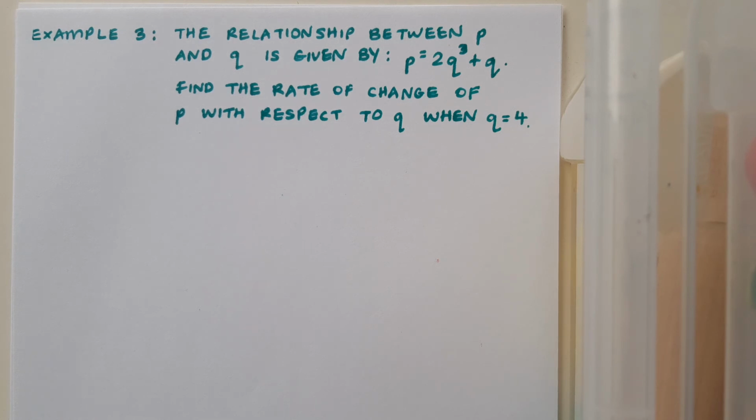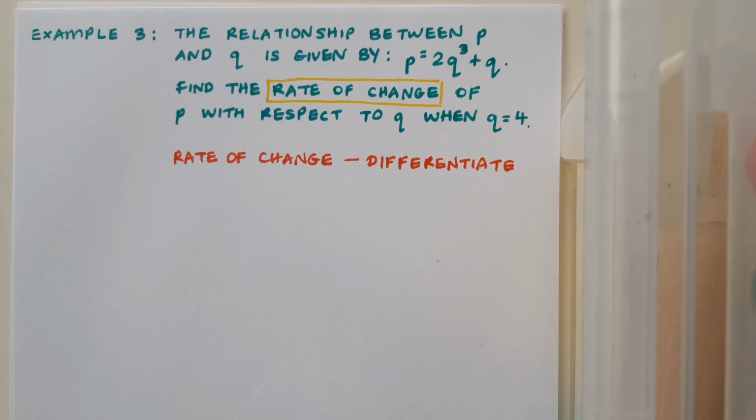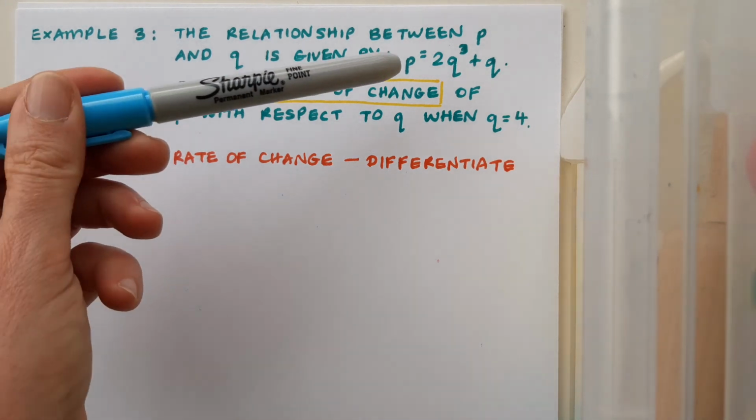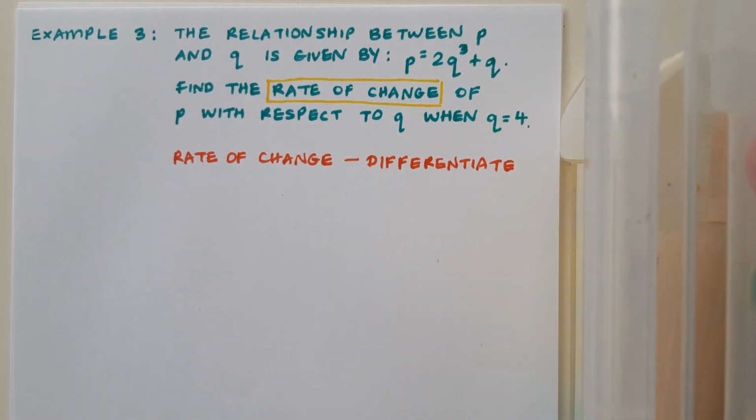Now, the key phrase in this question is that we're looking for the rate of change. And whenever you see that phrase, rate of change, straight away, that's an indication that you're going to have to differentiate. So the rate of change is the derivative. Okay, so that means I'm going to take my formula P and I'm going to differentiate it.